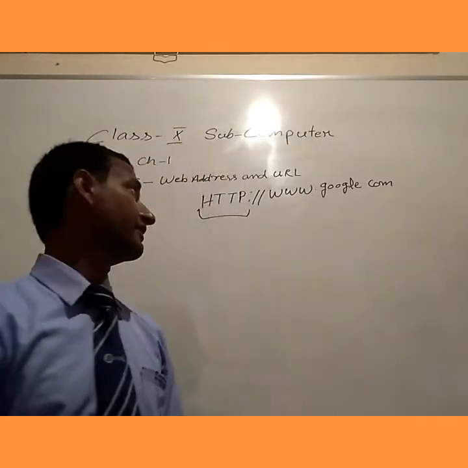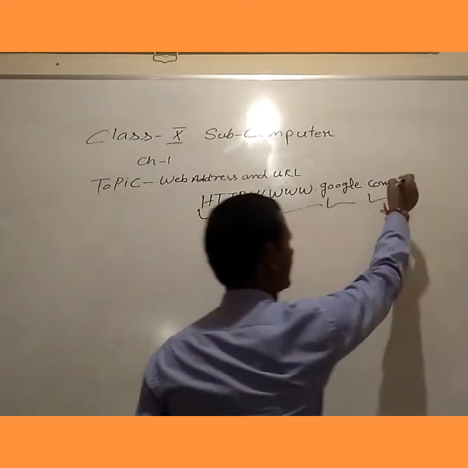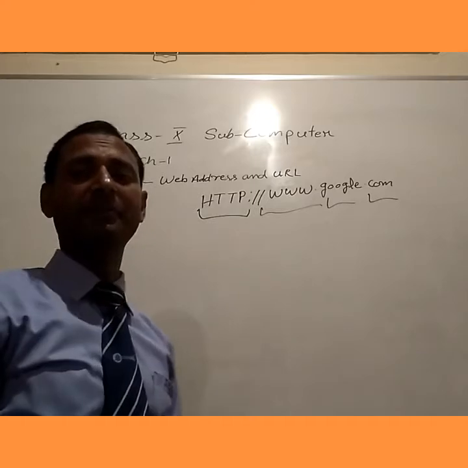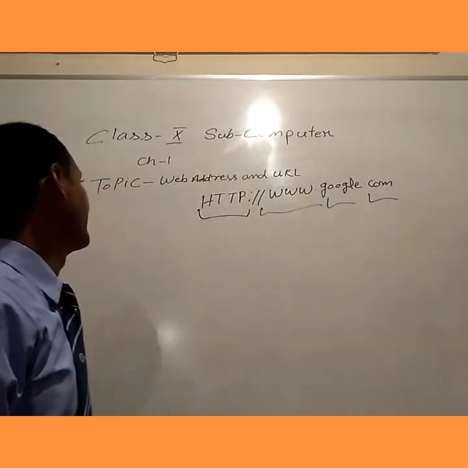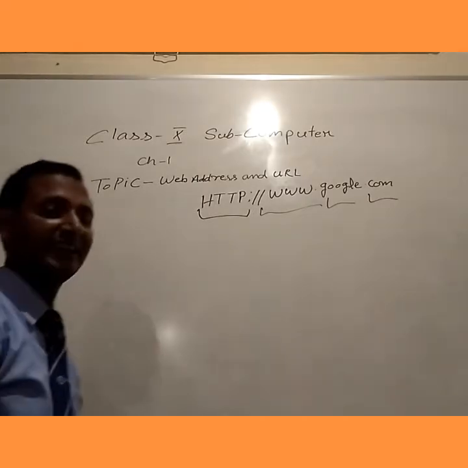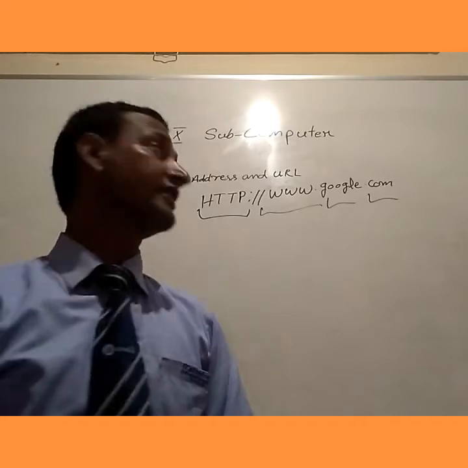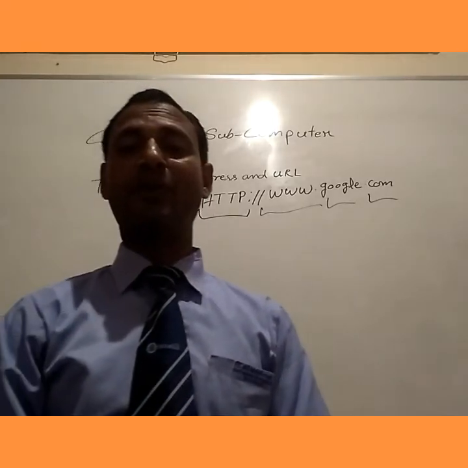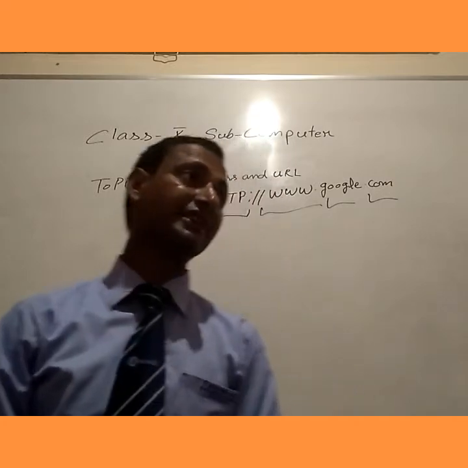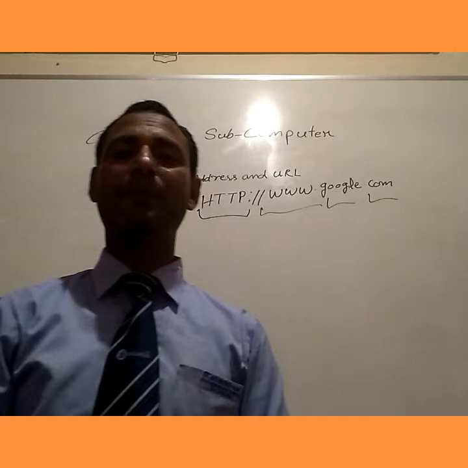Every website has its own unique address, that is called the web address. There is an extension, there is a web address, and it is written as http colon double slash www dot website name, like here we have taken the name Google, google.com.